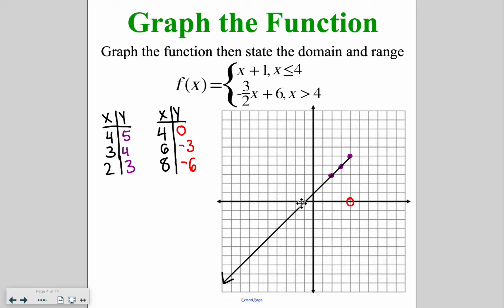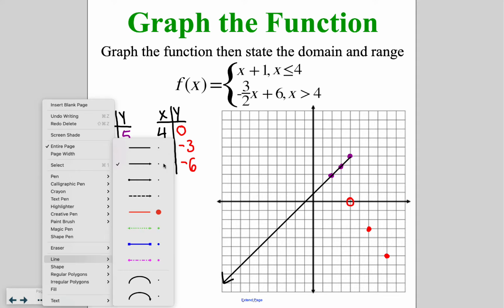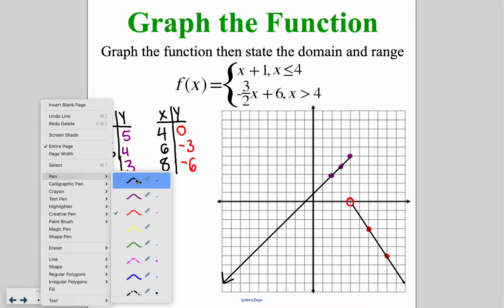Then when I go to the next point, 6 and negative 3, I'm going to fill it in again. And then I'm going to go over to my next point, which is 8 and negative 6. And once again, I can fill in that dot. Then I'm going to go ahead and connect my points, once again, starting at my first dot and then moving through my second and third dot as I continue that trend, and then adding my arrow back onto the end.